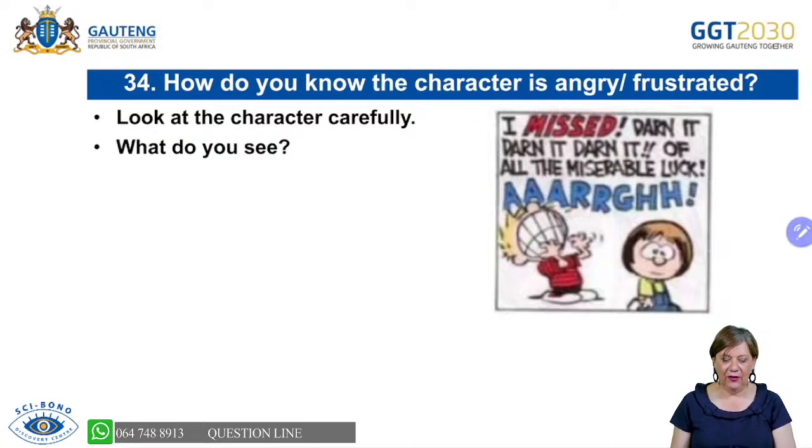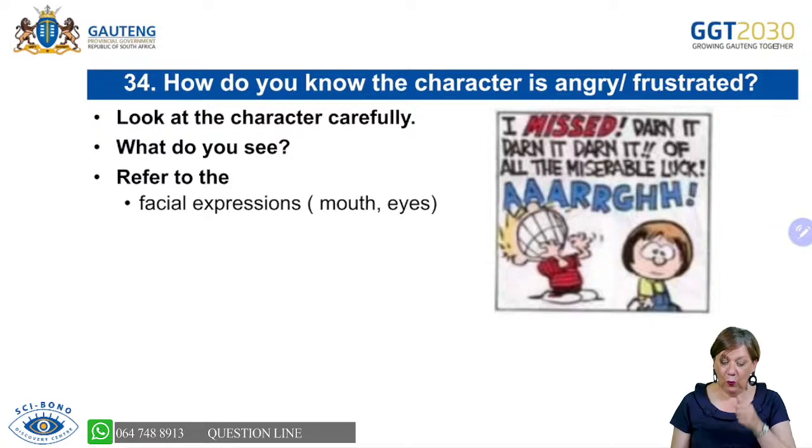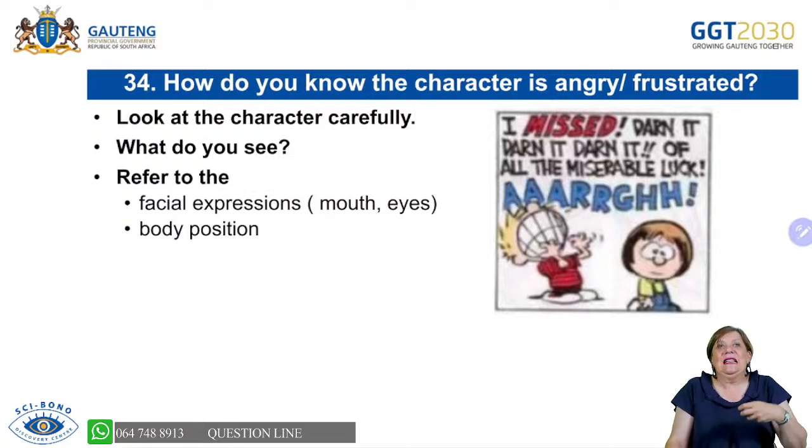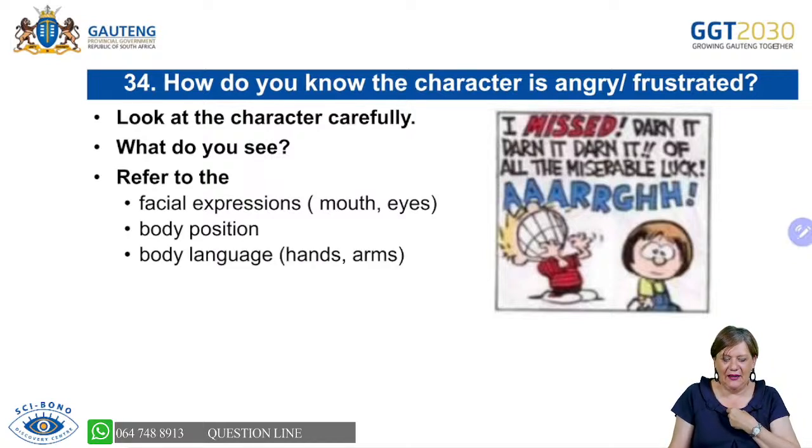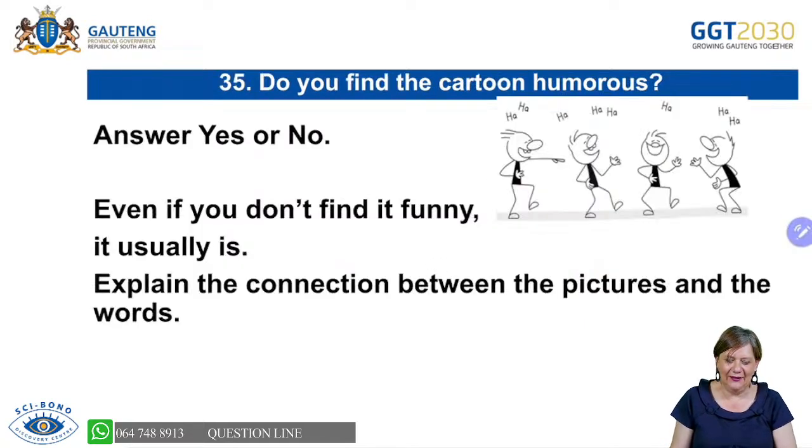So you refer me to, one, the facial expression. So focus me on detail. What do you see? His eyes are closed. His mouth is wide open. He's leaning backwards. His hands are in front of his face. Can you see what I'm doing? I'm telling the marker exactly what I'm seeing here.